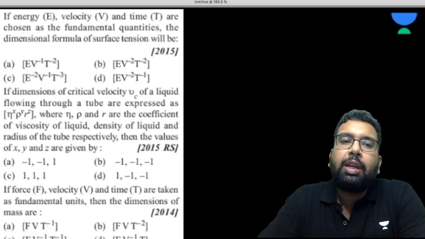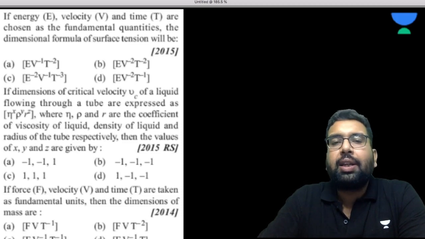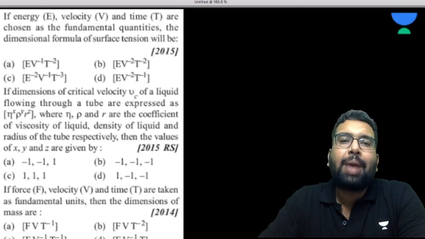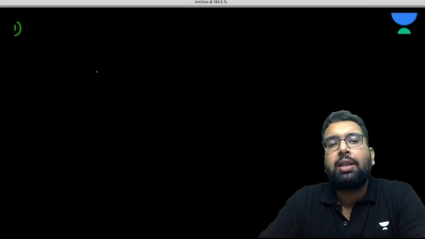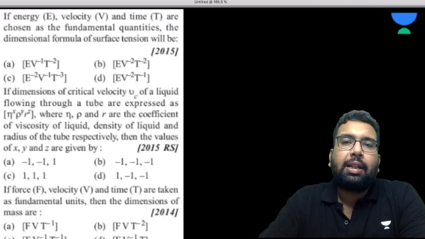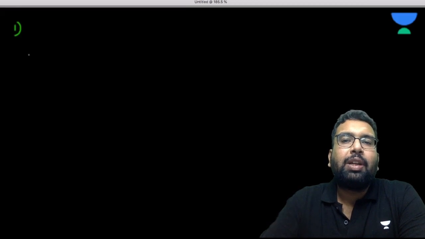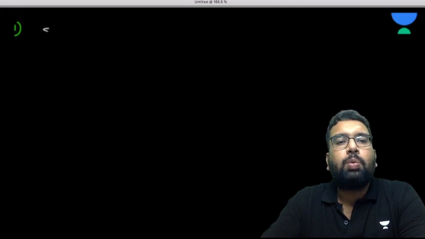One way could be to check each of the options. You can first get the dimension of the surface tension and then check each option with their dimensions. Whichever matches would be your answer. But that would be a lengthy process, so we can use the principle of dimensional homogeneity.